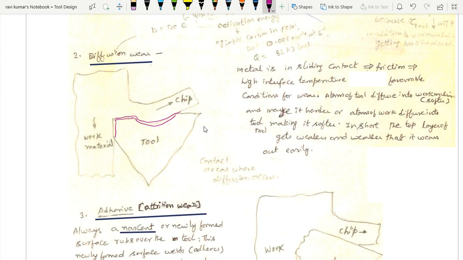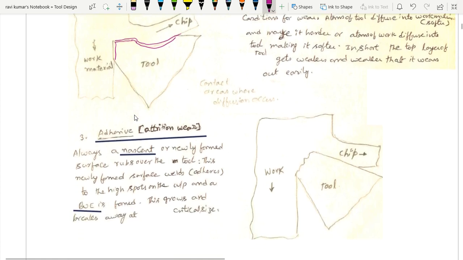What shall diffuse? The harder constituents of the tool diffuse away into the chip material. Likewise, the softer constituents of the work material or the chip material diffuse away into the tool material. This is the second mechanism of wear, which we call diffusion wear.